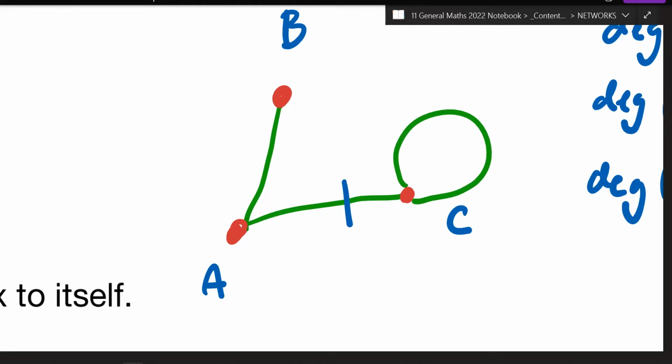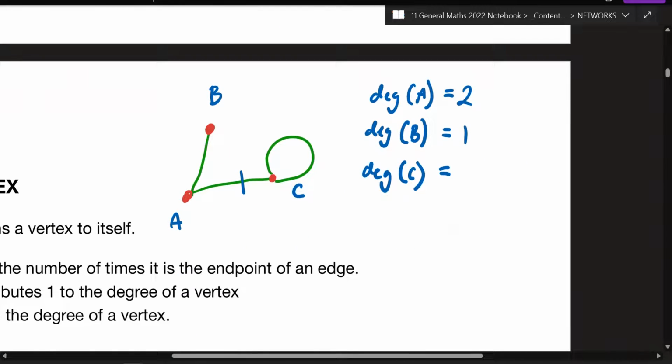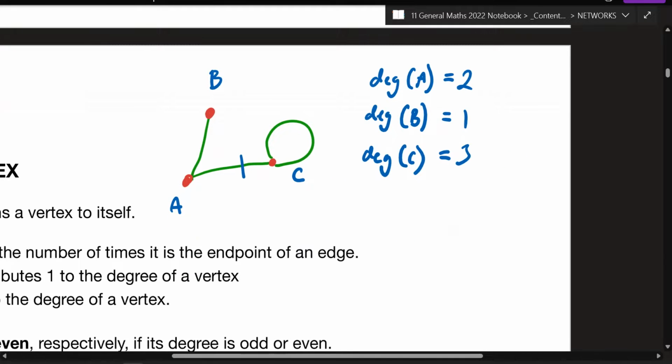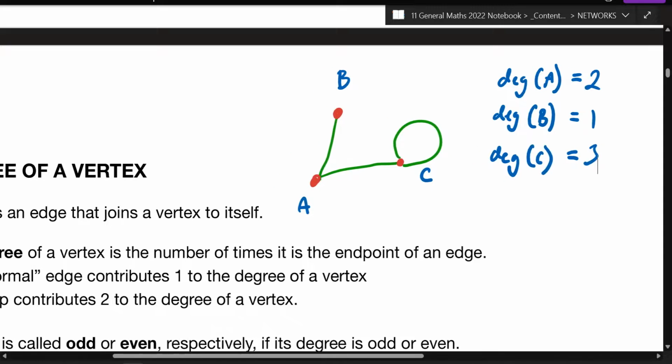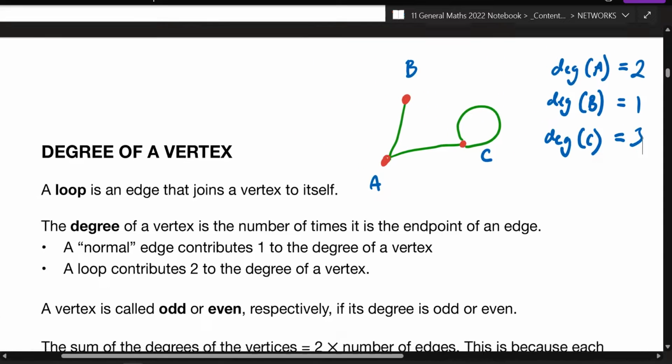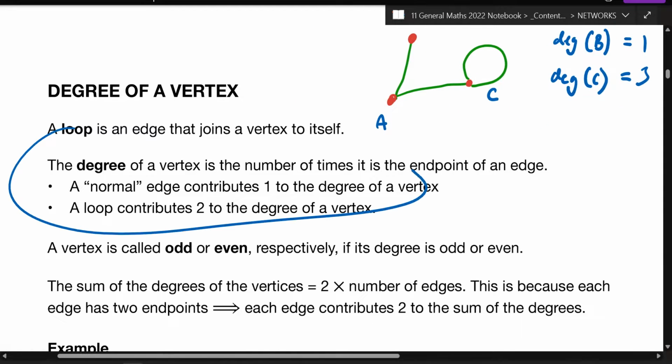It connects this way, but then it also connects the other way, so that has a degree of 2. That means C overall will have a degree of 3. Keep that in mind: loops count for 2 degrees.